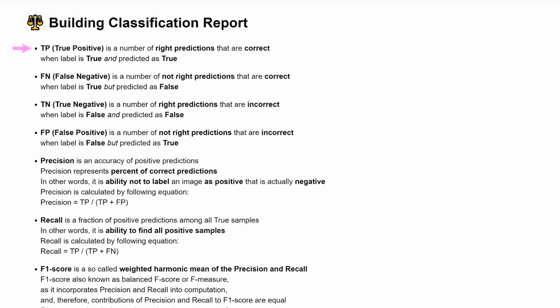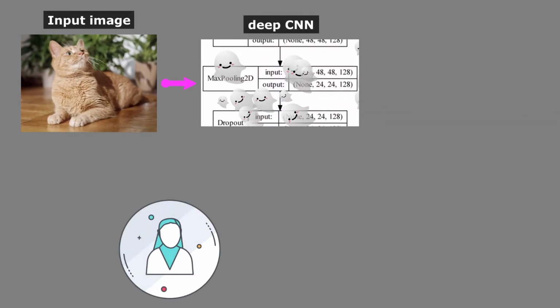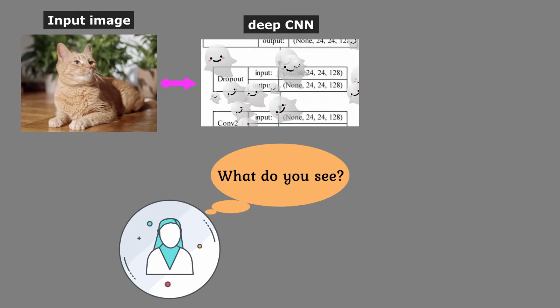True positive, false negative, true negative, and false positive represent 4 ways to check if the predictions are correct or incorrect, and they are used to calculate these metrics of the classification report. When we feed our input image to the neural network, we ask the network a question: what do you see?